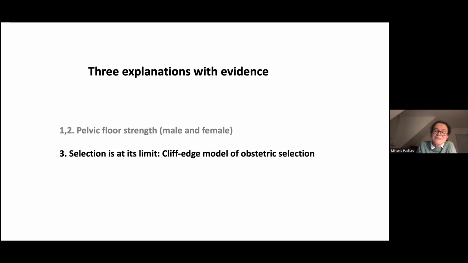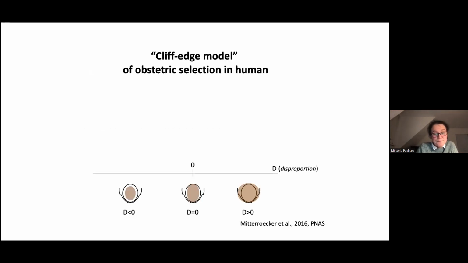And that is the cliff edge model of obstetric selection. That's the model that was really developed by Philipp Mitteröcker here in Vienna. And it's actually quite straightforward.